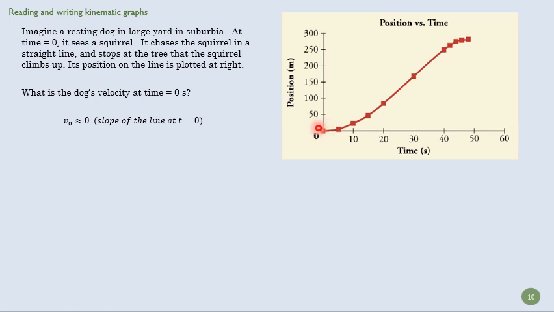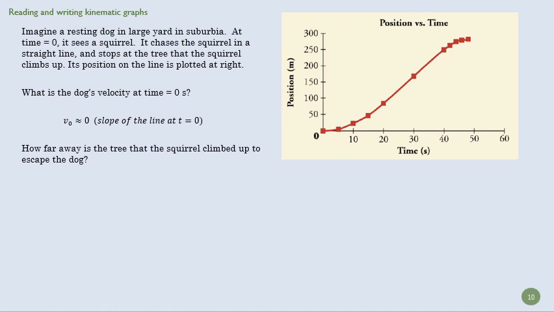The slope of the line right here is almost flat, which means his position isn't changing. If that line stayed flat, that would mean the dog was staying in the same place. Its velocity would be 0.